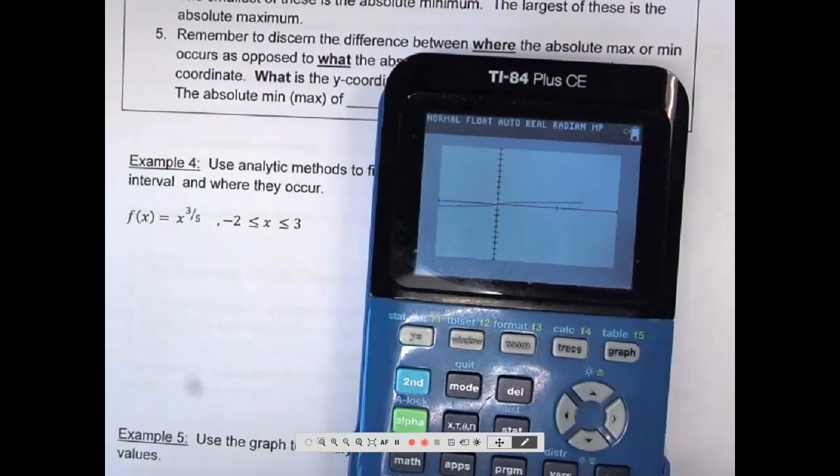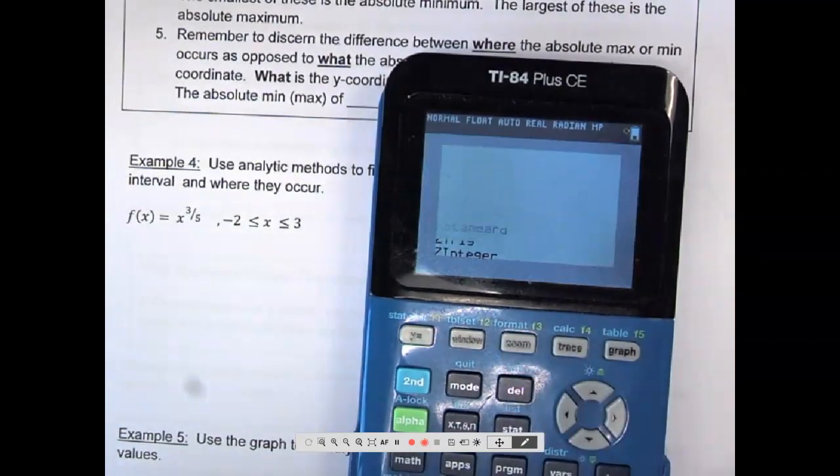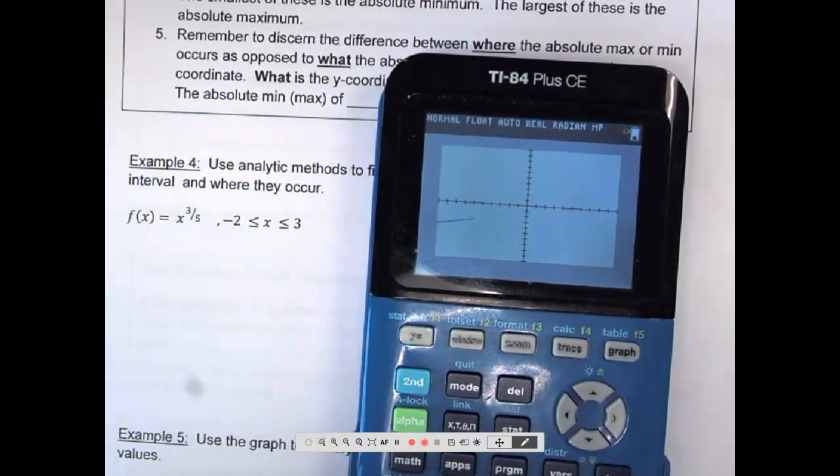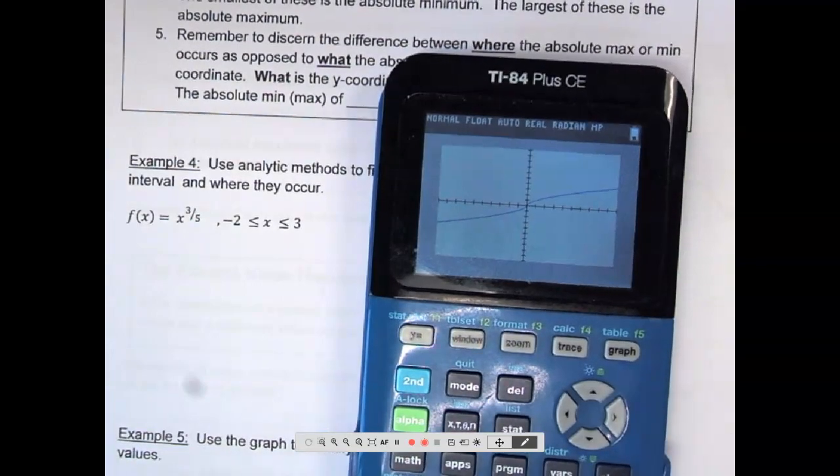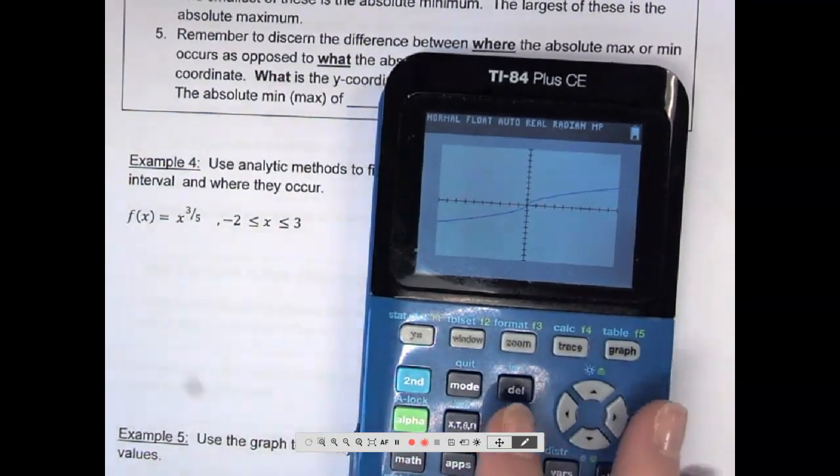I'm going to change my domain as soon as this thing stops creeping along. Okay, what's it look like? It's like a cube root. Similar, doesn't it? Maybe a little more stretched out, but yeah, very similar to a cube root.